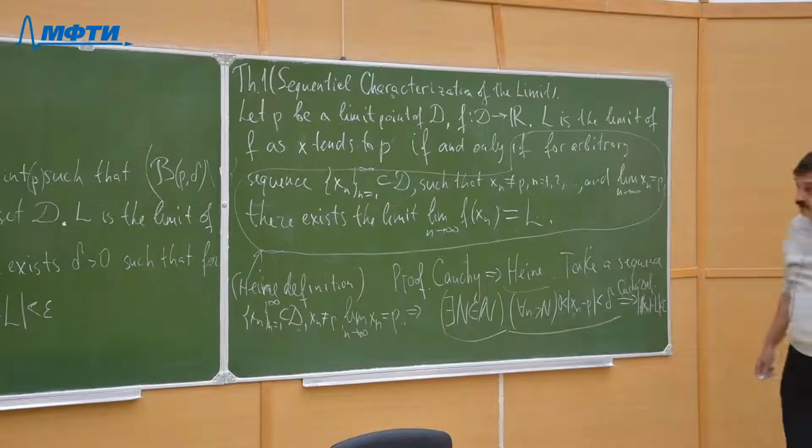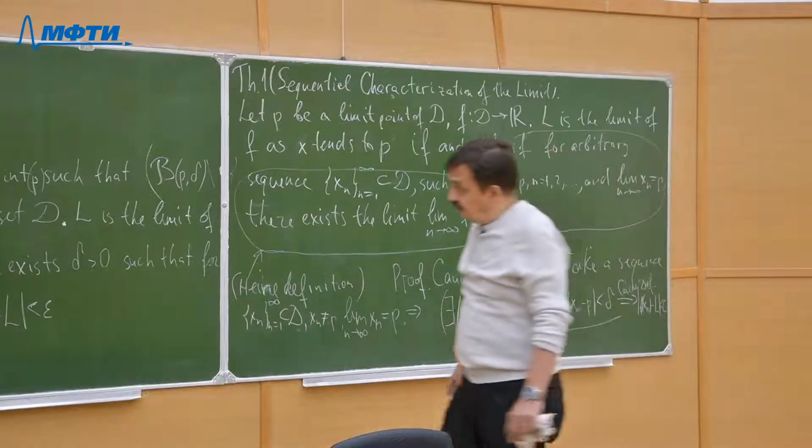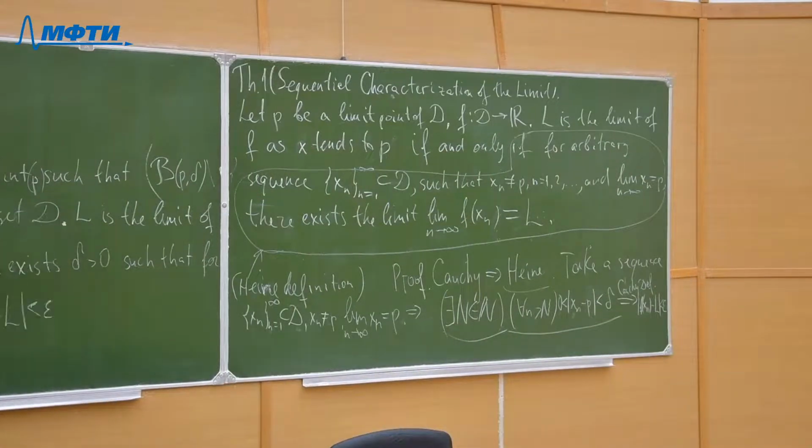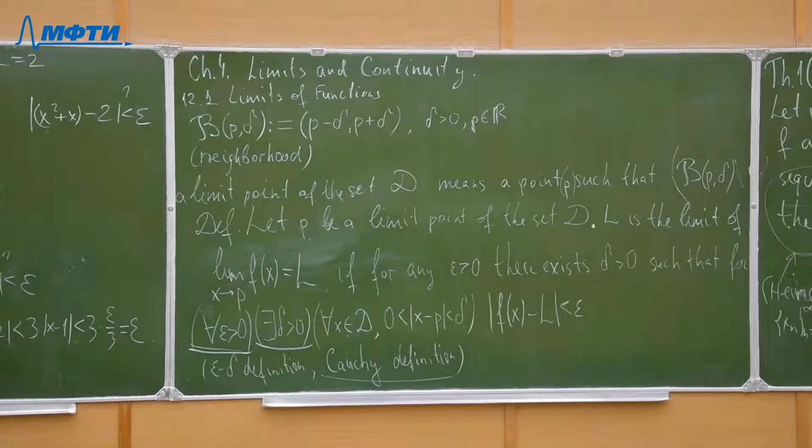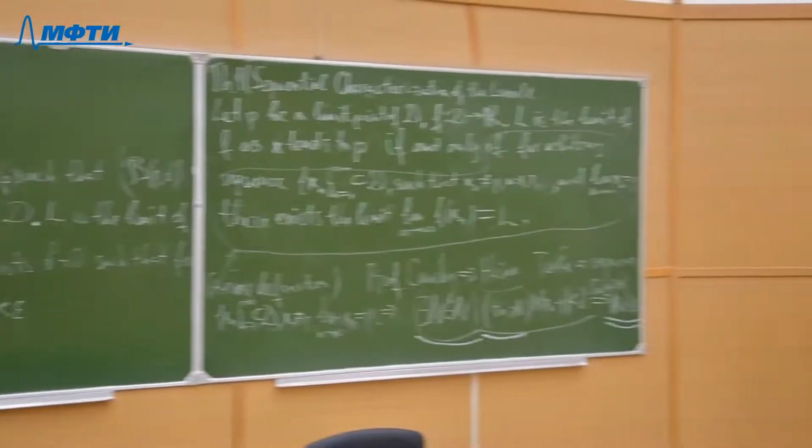So now what I need, look, for arbitrary epsilon greater than 0, somehow using this delta, but now we may forget about delta, for arbitrary epsilon greater than 0, we found natural number capital N such that for all n greater than capital N, we have f of xn minus L less than epsilon.